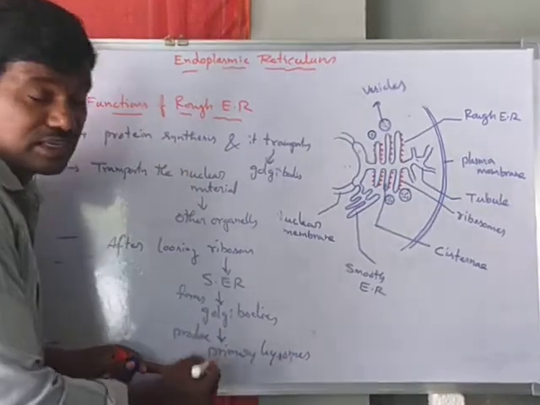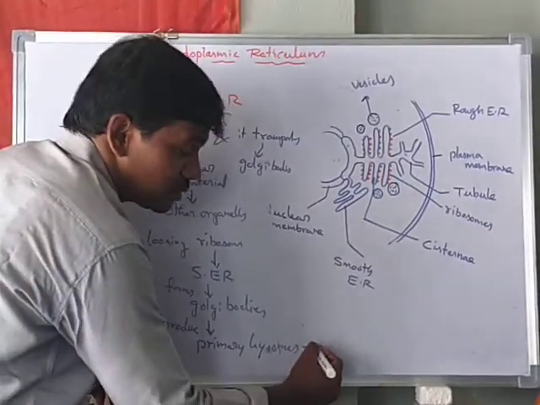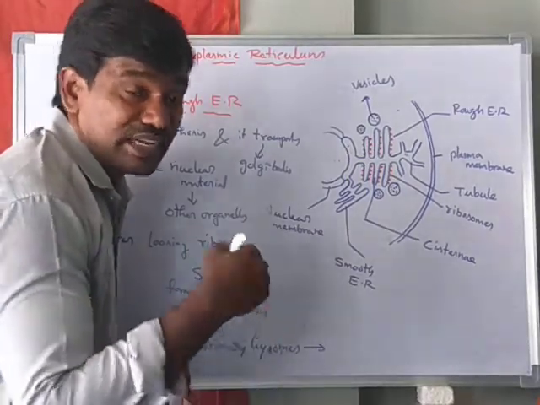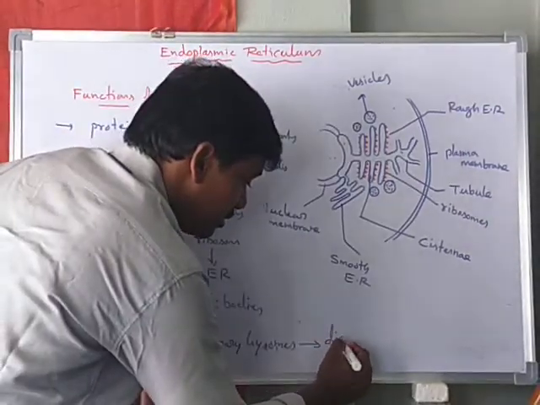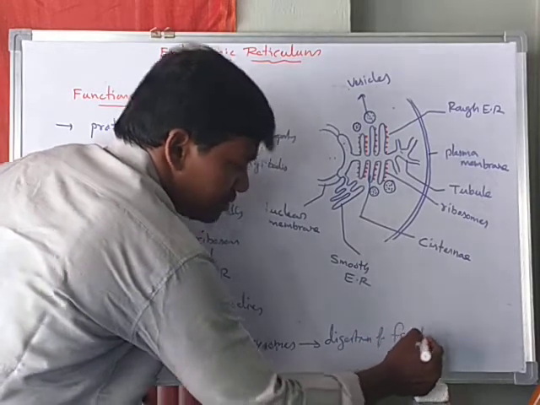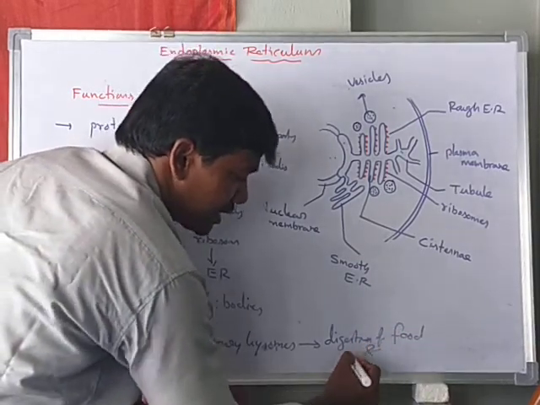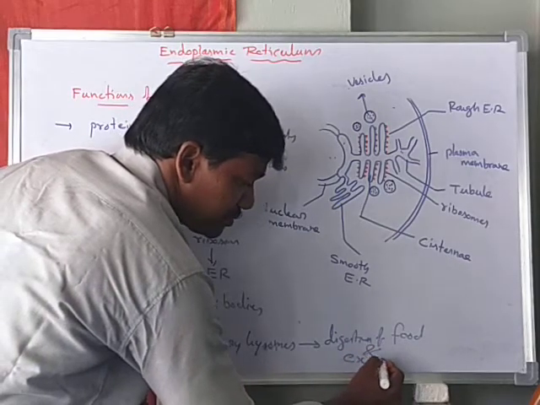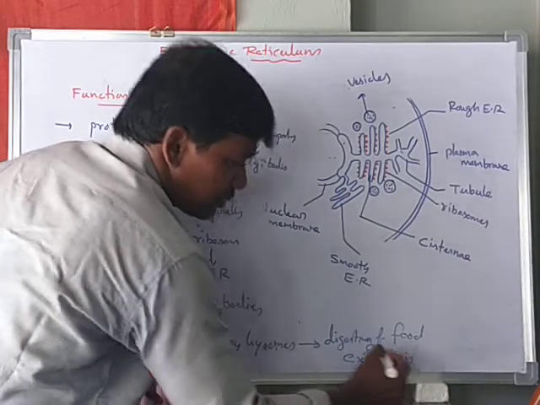These primary lysosomes help in the digestion of food and the exocytosis process.